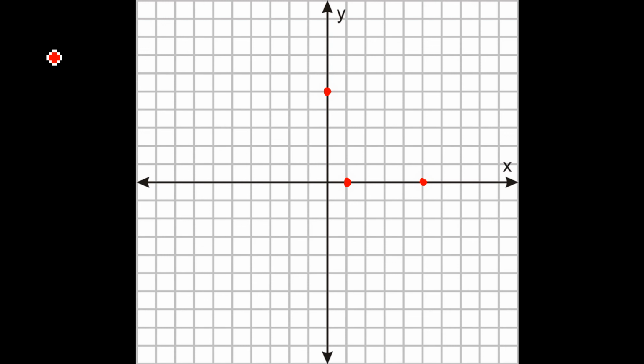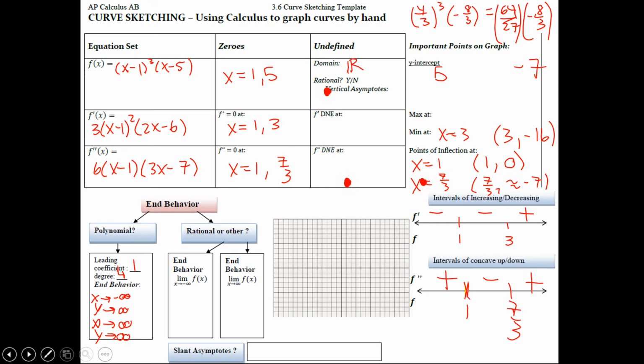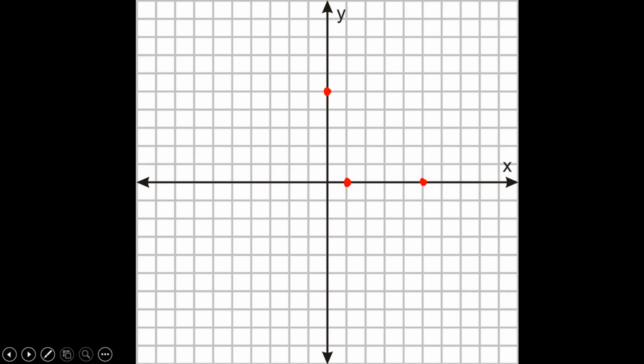I do not have the ability to do that on this graph, so I'm going to do these as 2's to make it a little simpler. Now the x's are still x. This is 1, 2, 3, 4. So I'm just scaling this a little bit different. And we don't go any lower than that. So it's 3, negative 16.